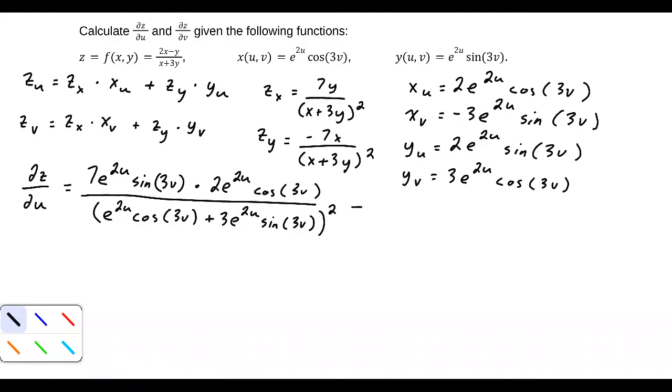Minus, again, I'm substituting my x and y functions here.